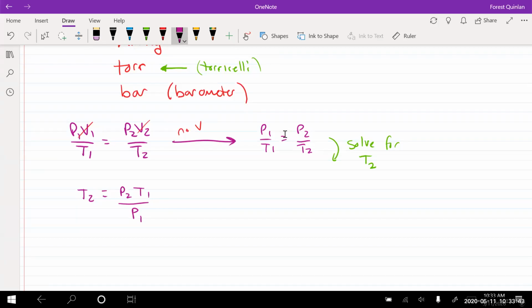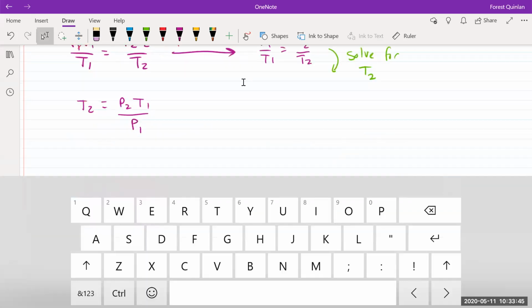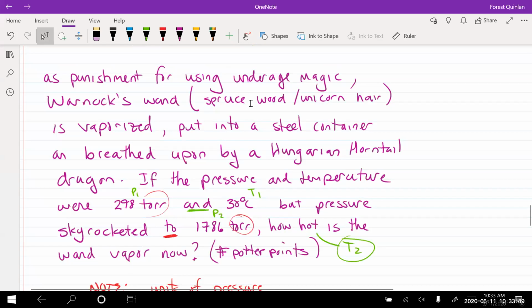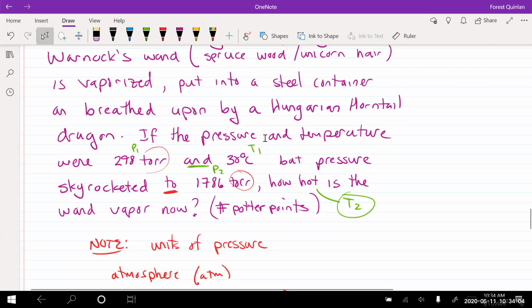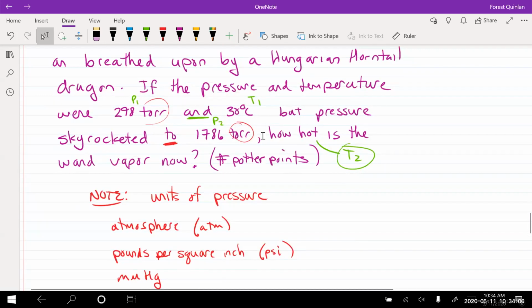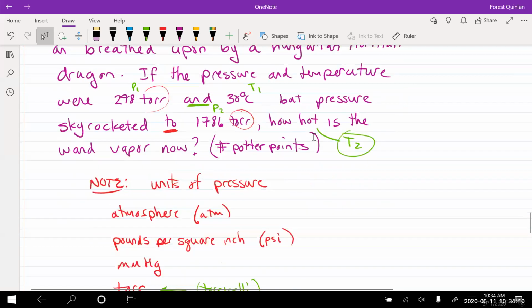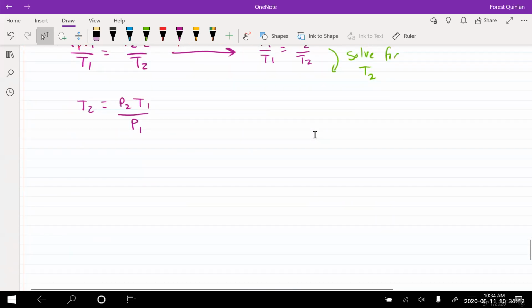Oh, up. Why does it go up? Because as pressure goes up, temp goes up. Right, or vice versa. The temperature is actually the leading, the pressure is dependent on this, but that's okay. We do think it should get hot, not to mention, it's breathed upon by the Hungarian horntail. It is fire, so let's put it in here.